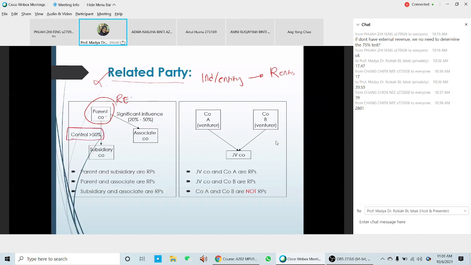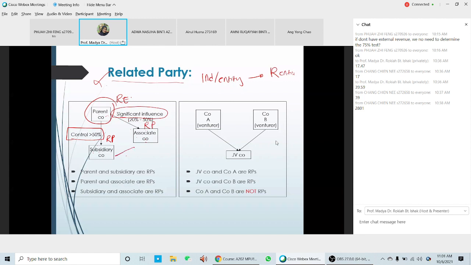Once the parent controls the subsidiary, the parent and subsidiary relationship is considered a related party because they have control over the subsidiary. Parent and associate: the parent has a significant influence over the associate, so the parent and associate are considered related parties.